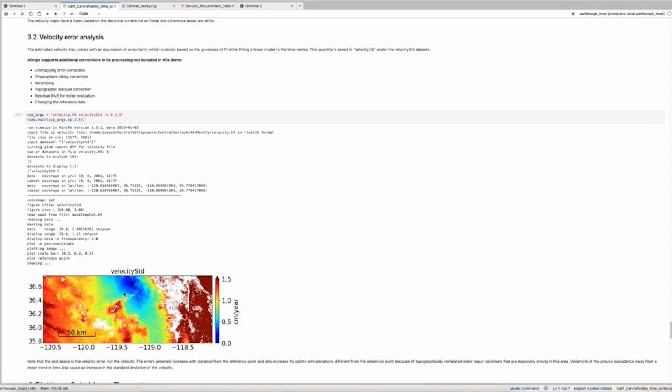So one of the important things to remember is that you should look at this standard deviation of the velocity before interpreting the velocity, because this gives an idea of what the error in the velocity is, and it's highly dependent on where that reference point is.